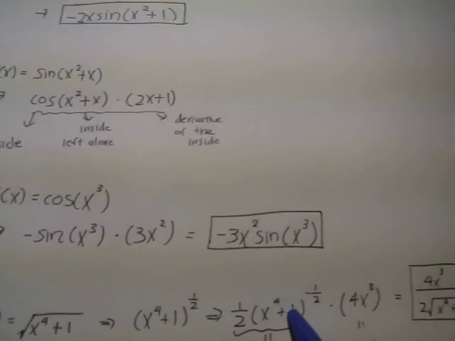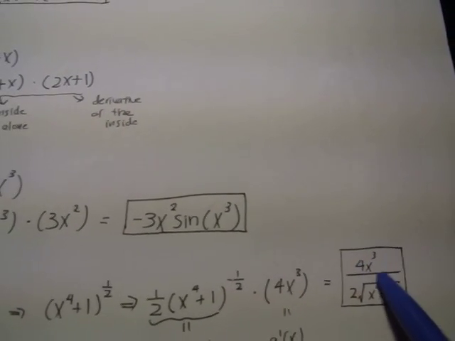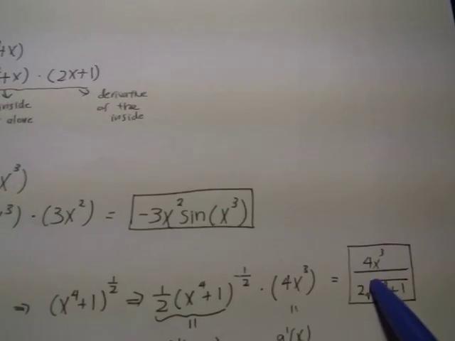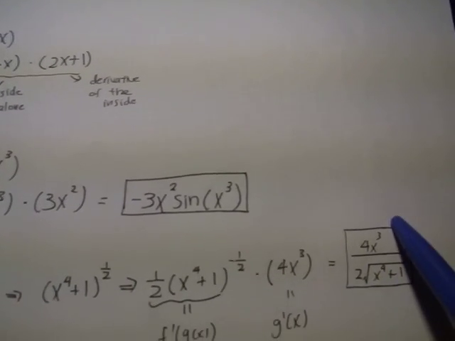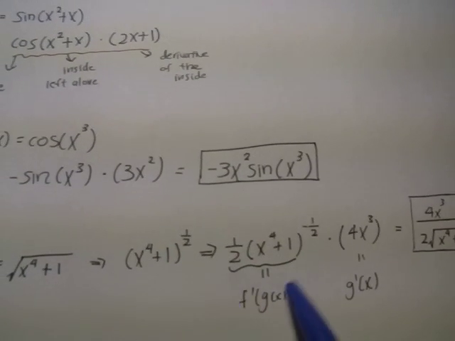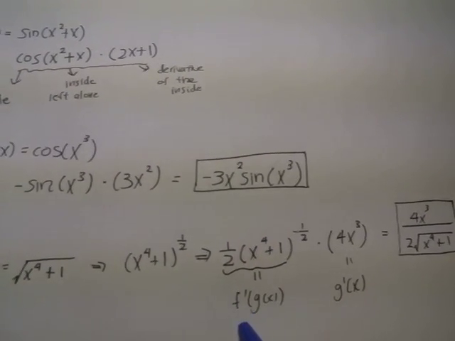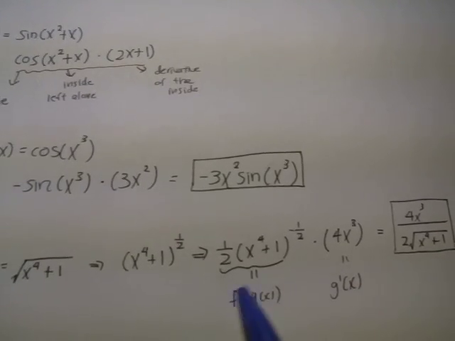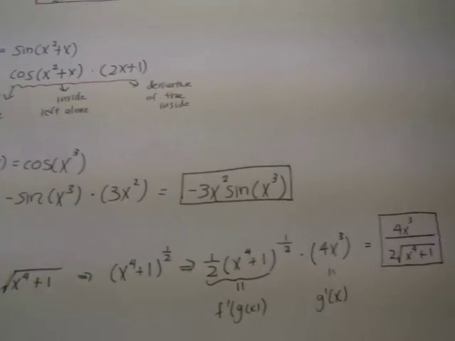Simplifying it will give us 4x cubed over 2 times the square root of x to the fourth power plus 1. So this, according to the chain rule formula, is the derivative of f at g of x, times the derivative of the inner function g of x.